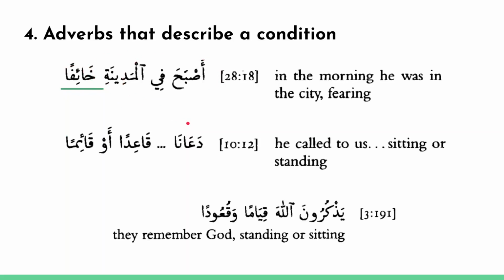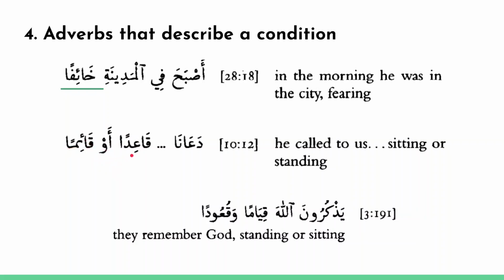So this happens very frequently in the Quran, so let's see a few more examples here. So da'ana qa'idan aw qa'iman. He called to us, so he invited us, qa'idan aw qa'iman. So qa'idan means sitting, qa'iman means standing. So he called to us while sitting or standing. Now interestingly, this can happen when these adverbs are pluralized as well.